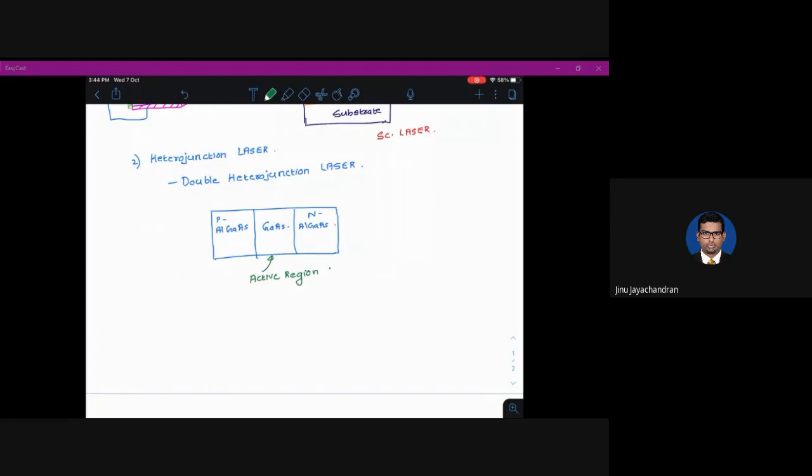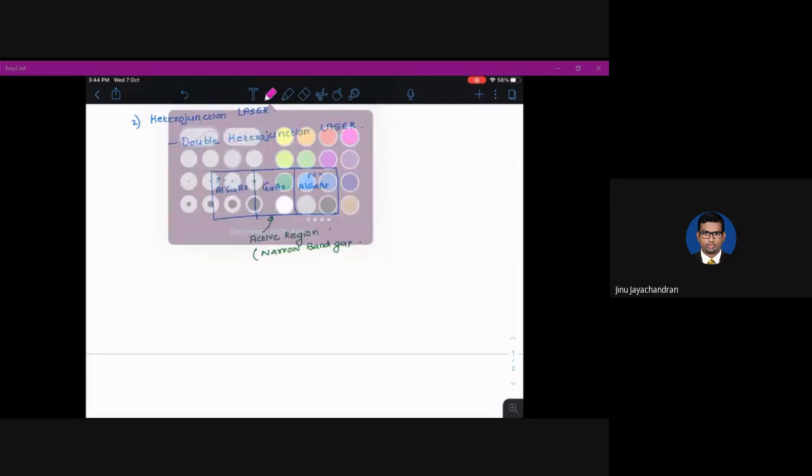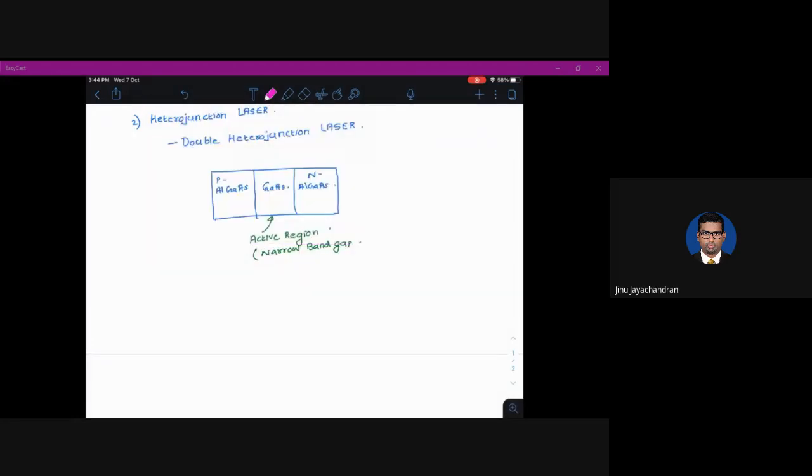And the gallium arsenide is of narrow band gap. So if you draw the band diagram, you can see it will be something like this. This part, which is of higher band gap, is aluminum gallium arsenide, and this part, which is of narrow band gap, is gallium arsenide.